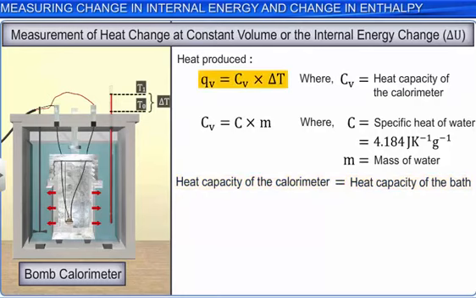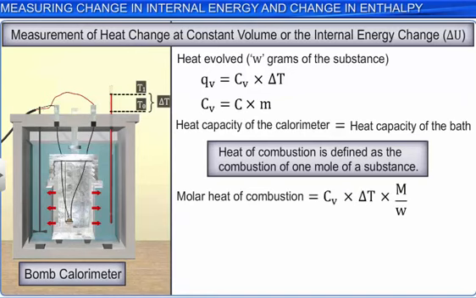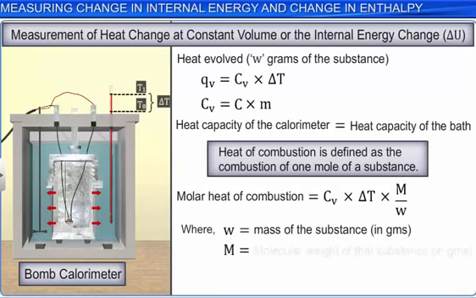This QV expressed above is the heat evolved when combustion of W grams of the substance takes place. Since heat of combustion is defined as the combustion of 1 mole of a substance, the expression for molar heat of combustion becomes: molar heat of combustion = CV × delta T × M / W, where W is the mass of the substance taken and M is the molecular weight of that substance.